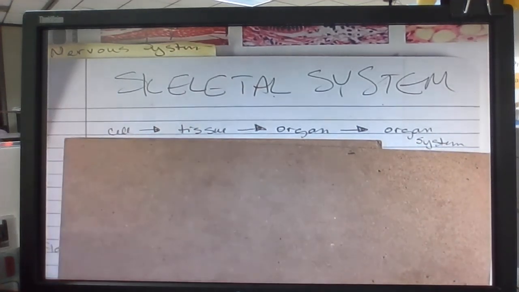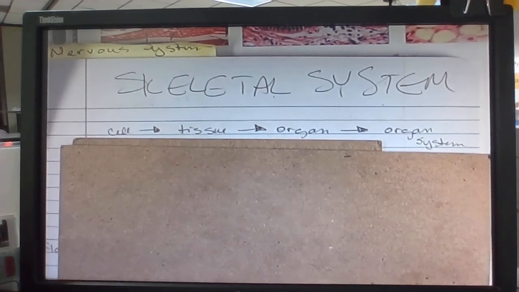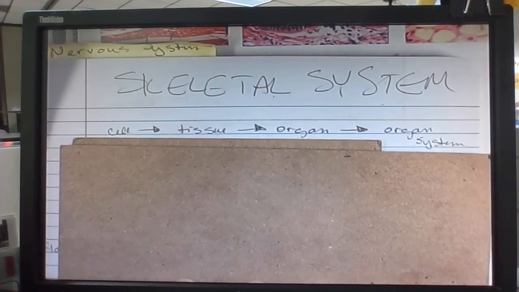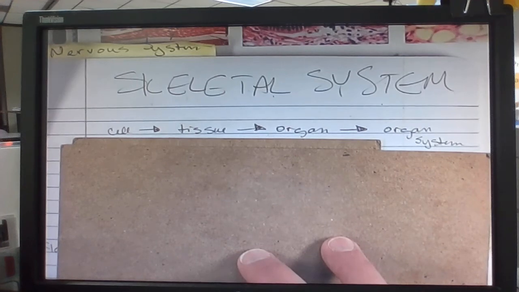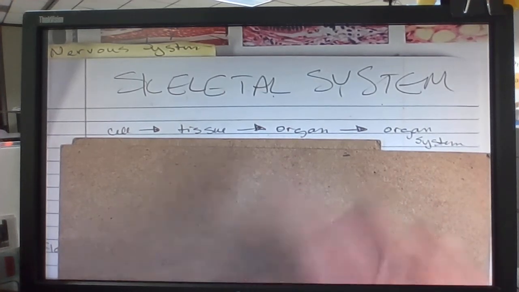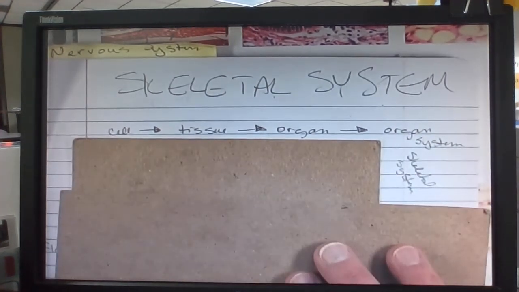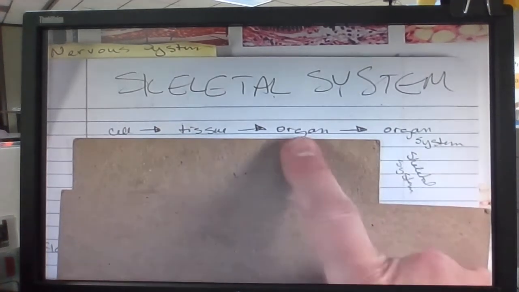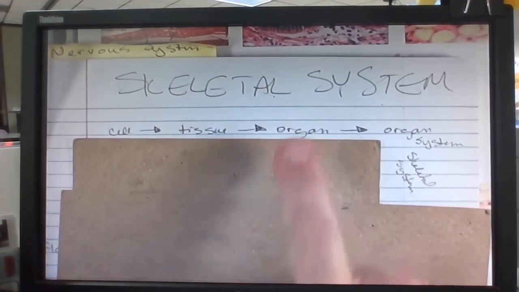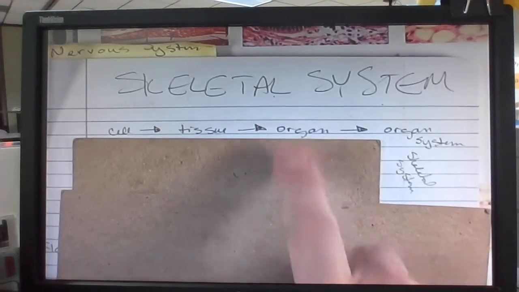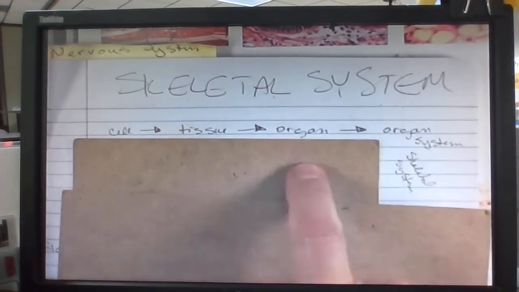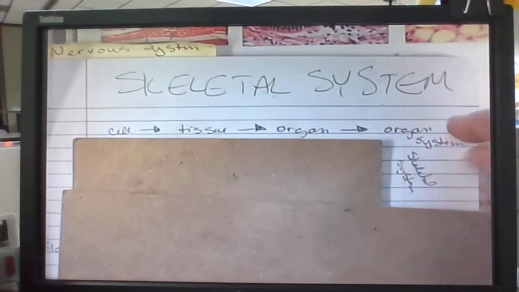We also took that down a few more notches, but for right now, we're not. When you get to organelles, molecules, and atoms, that's basically going to be the same no matter what organ system you're looking at. Those levels of organization are going to be relatively identical. Okay, so the organ system that we're looking at is the skeletal system. Give me an example of an organ that together would create that organ system?